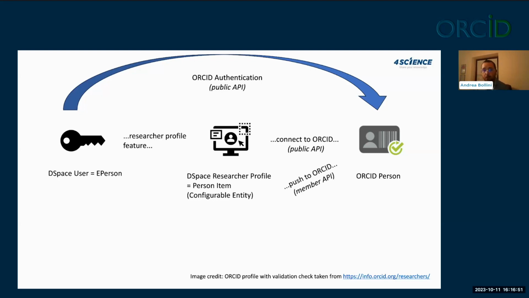If you want to push data to ORCID, you need to have established such a connection between the researcher profile and the person in the ORCID registry. And you need to use the member API to push data to ORCID. So to push data about a person, to push data about work and projects investigated by this researcher.